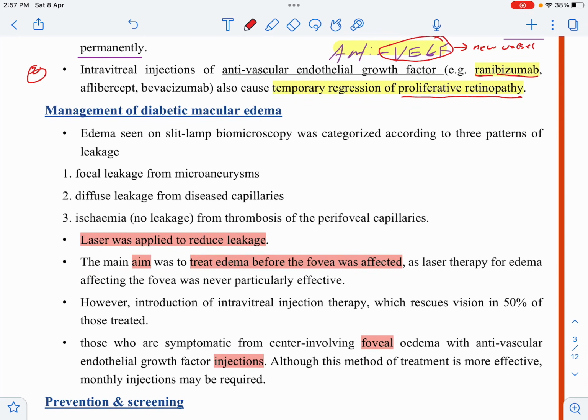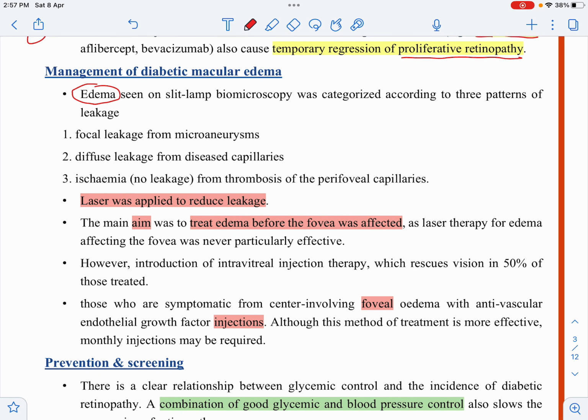زين، المانجمنت of diabetic macular edema. احنا عندنا الأديمة راح تتكون اما بسبب الليكج اللي هو focal leakage from the microaneurysm أو يكون عندنا diffuse leakage عن طريق a diseased capillary أو from the ischemia.